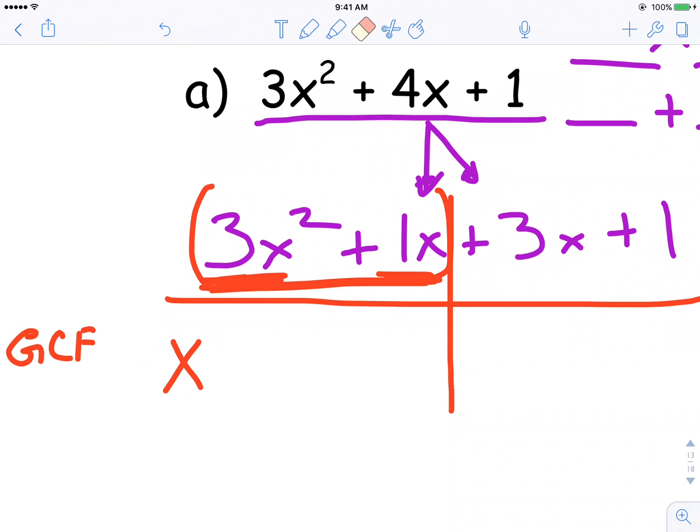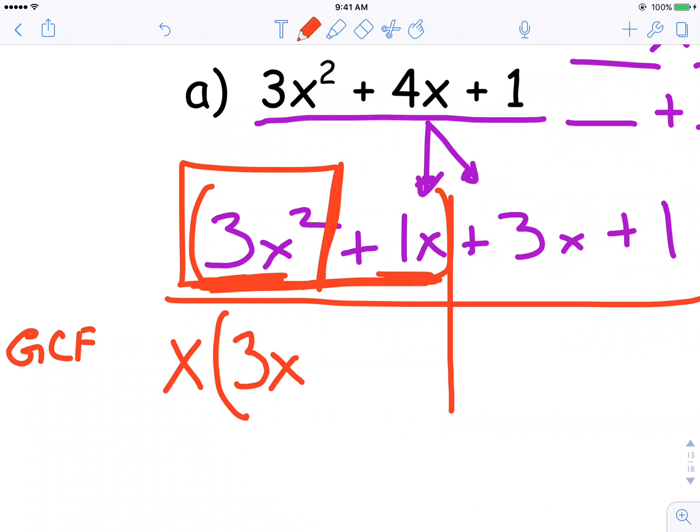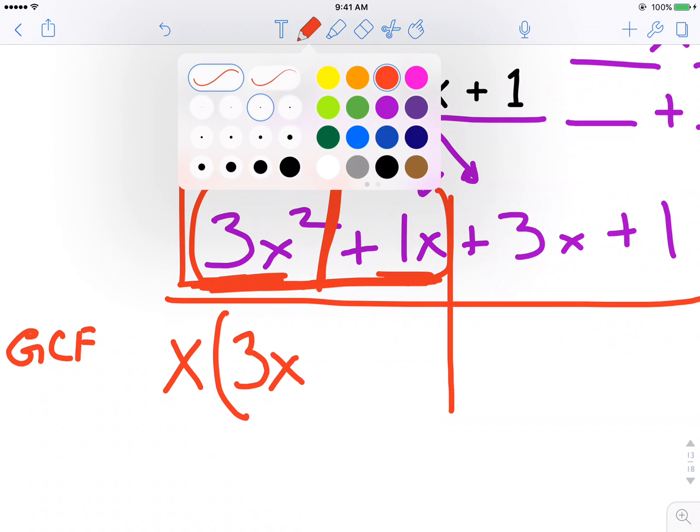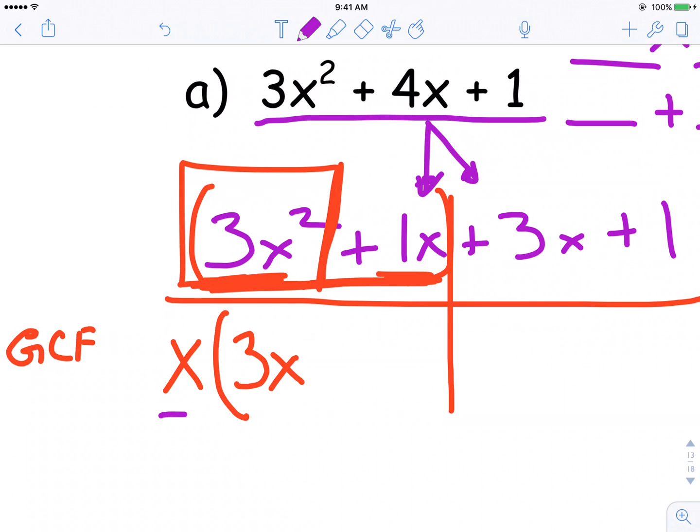If I factored x out of 3x squared, what would I be left with? I would be left with 3x. And if I expanded that, x times 3x has got to give me 3x squared, so I know that's right.